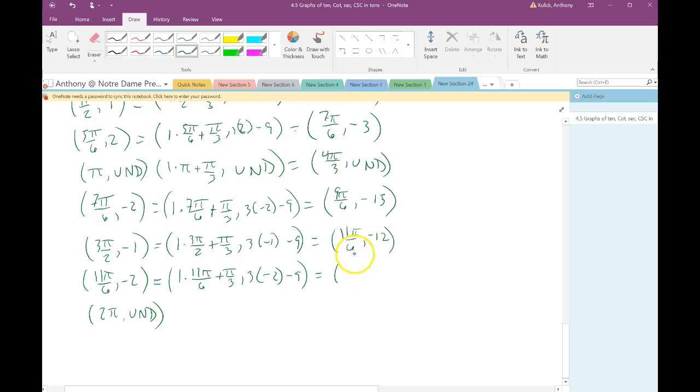Okay. 11 pi over 6 plus pi over 3 is? Yeah, 13 pi over 6. And then my last one. Oh, thank you for finishing. This is exhausting. 2 pi plus pi over 3 is 7 pi over 3, right? Yeah.